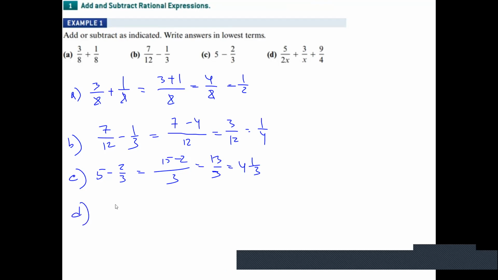Now let's do D. 5 over 2x plus 3 over x plus 9 over 4. So what is the common denominator? 4x, right? So 2 here, it means 10, plus 4 here, which is 12, plus x here, which is 9x.